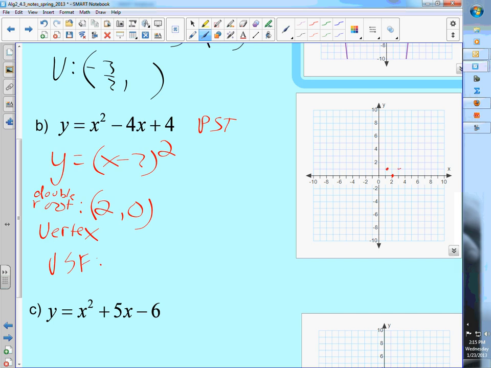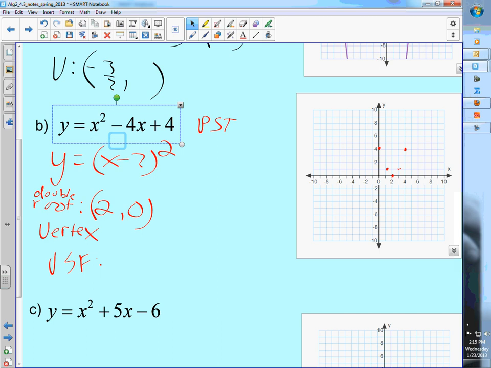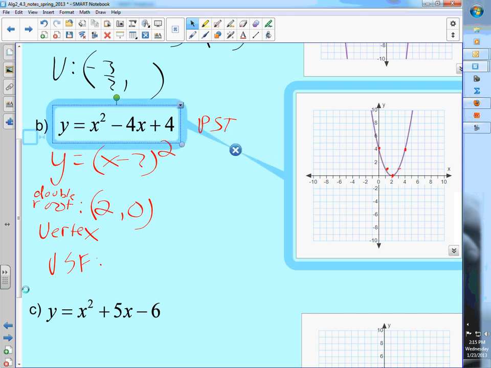Right 1 up 1, right 2 up 4. Left 1 up 1 and left 2 up 4. Going to give you that same deal. It's just your parent graph. Perfect squared trinomials are a big deal for us, because that means the vertex is the x-intercept, and that x-intercept is a double.